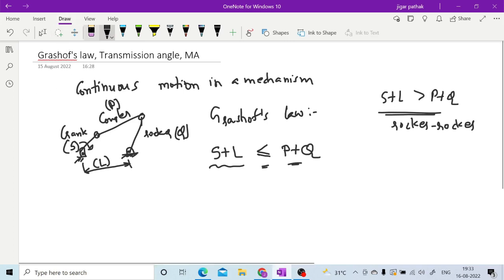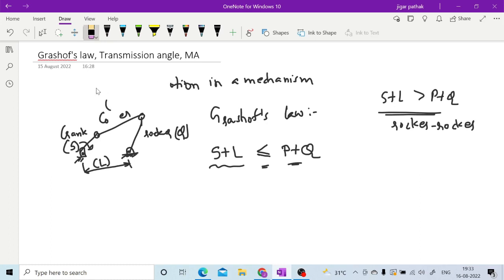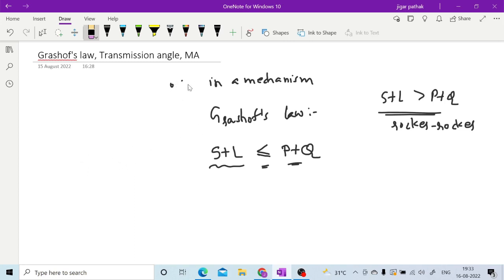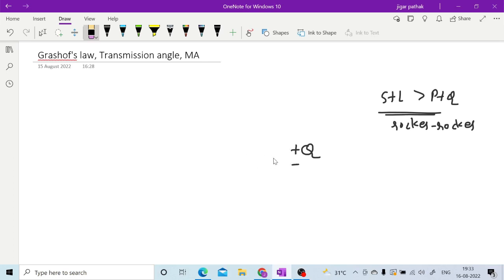After that, the second important thing is the transmission angle. One second, let me rub this out for Grashoff's law, and then I will write for the transmission angle. First, you have to have an idea of what the transmission angle is.